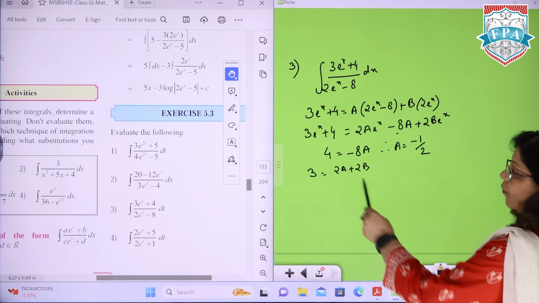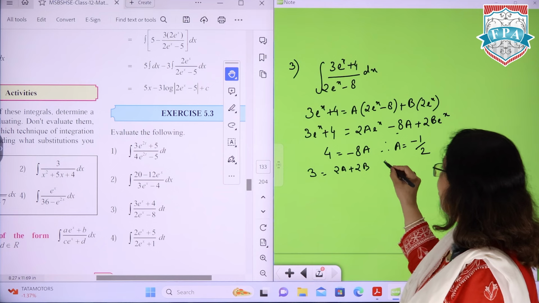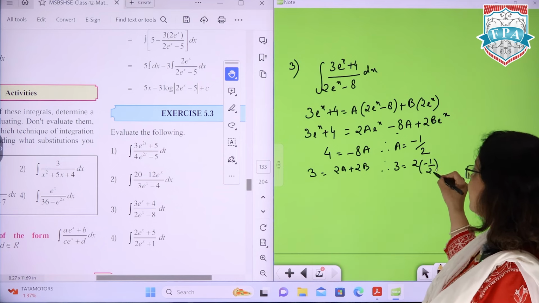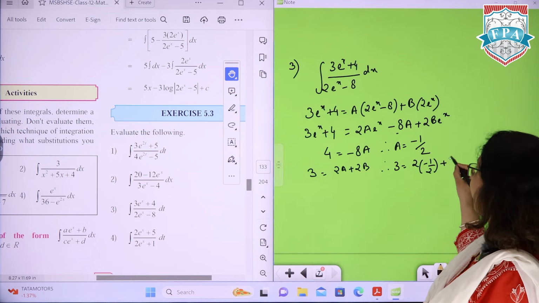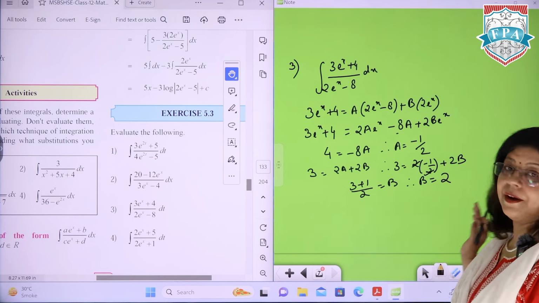So instead of a over here, we are going to put minus 1 by 2. So 3 is equal to 2 into minus 1 by 2 plus 2b. This gets cancelled. We'll go to the other side. 3 plus 1 by 2 is b, and therefore b is now 2.